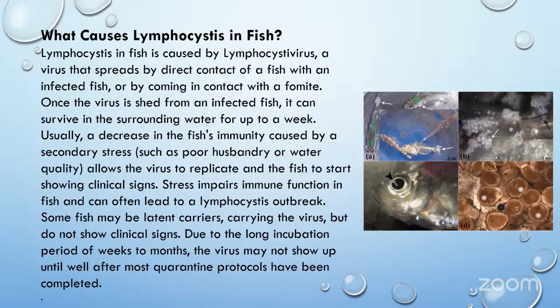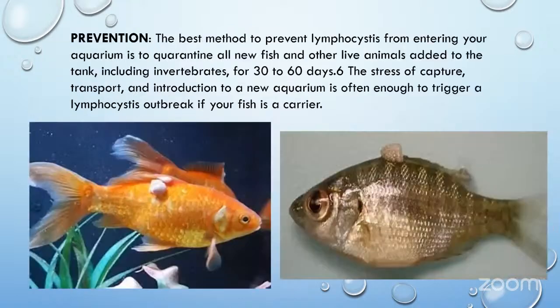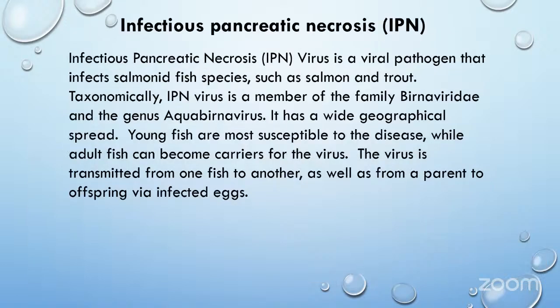Now, the three main practices that can minimize the possibility of disease outbreaks. These are maintenance of good water quality, proper nutrition, and elimination of contact with wild fish whenever possible.